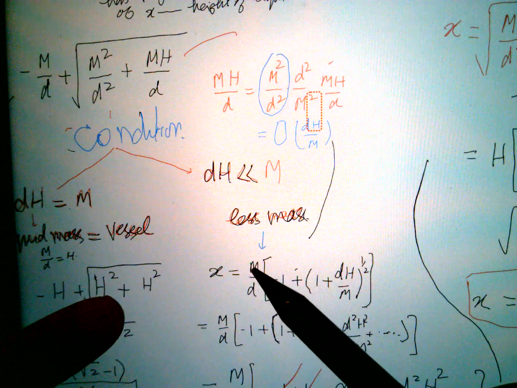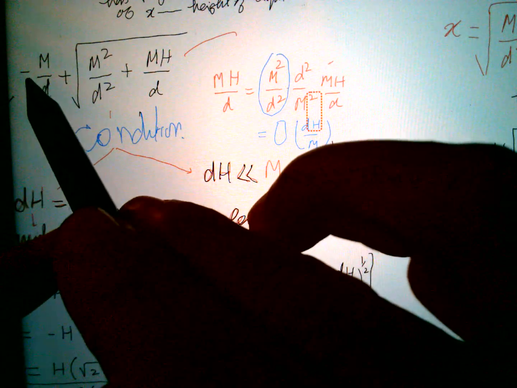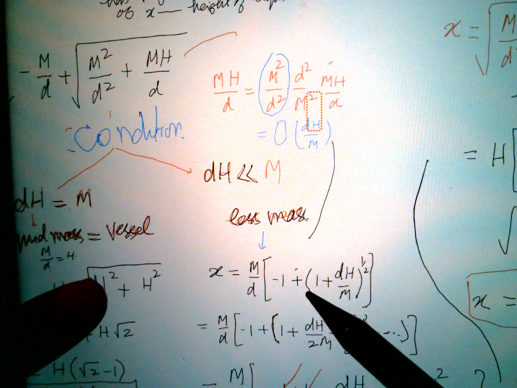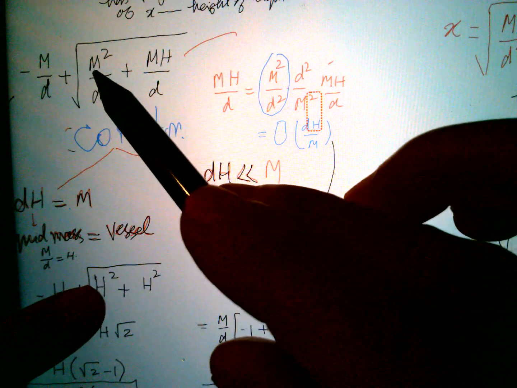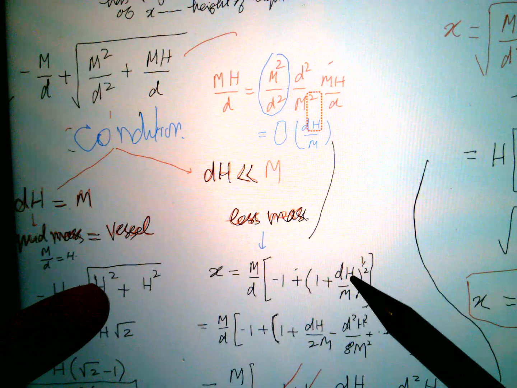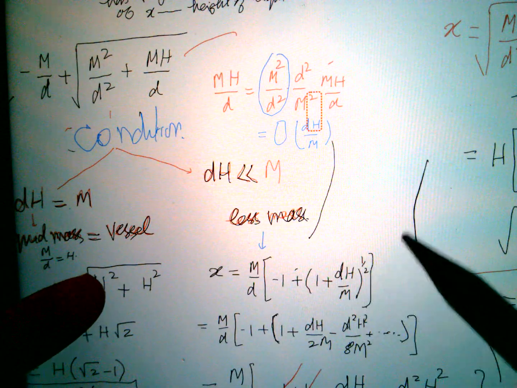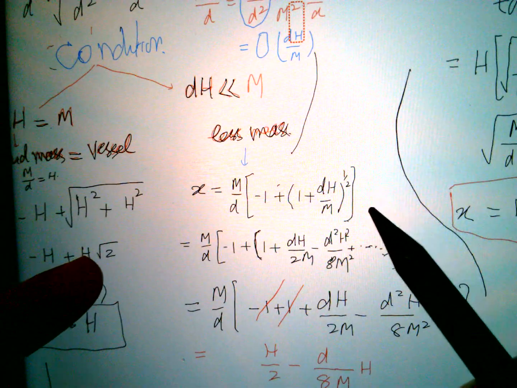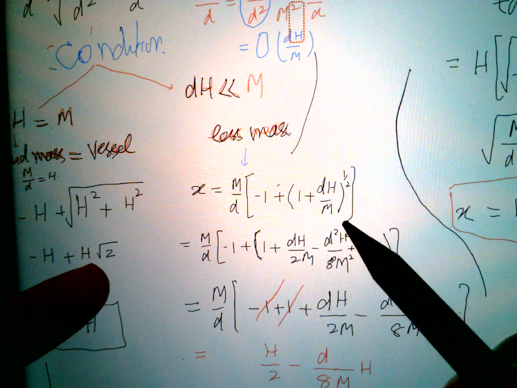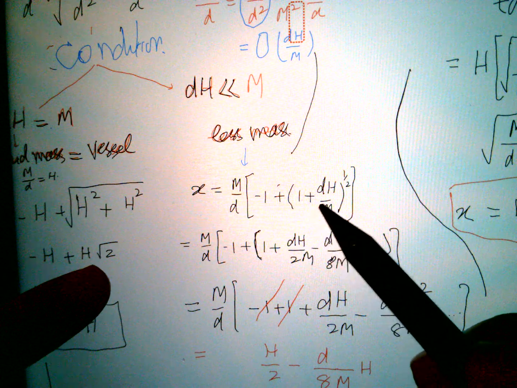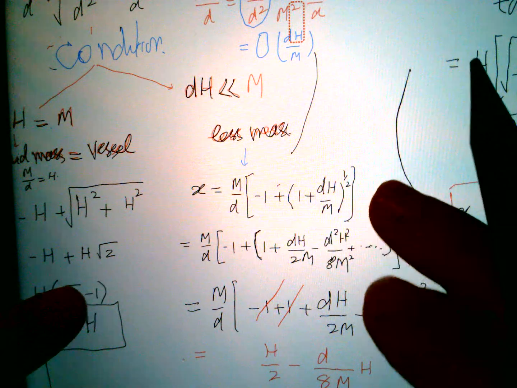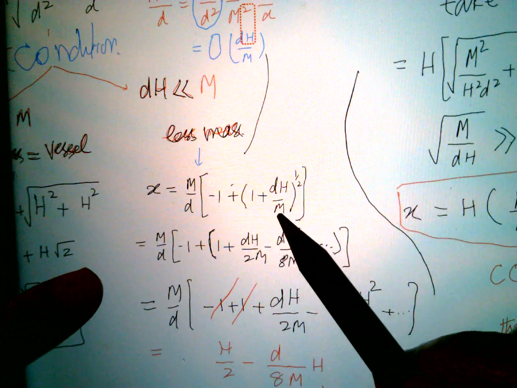So this will be m over d into minus 1 plus the square root of 1 plus hd over m. From here we will use the series expansion.